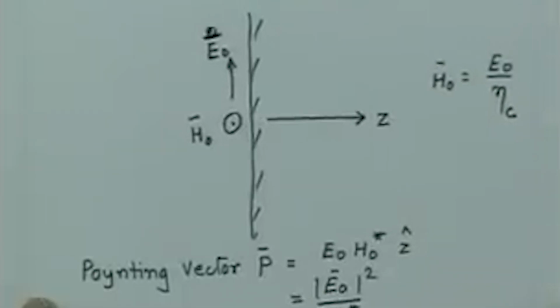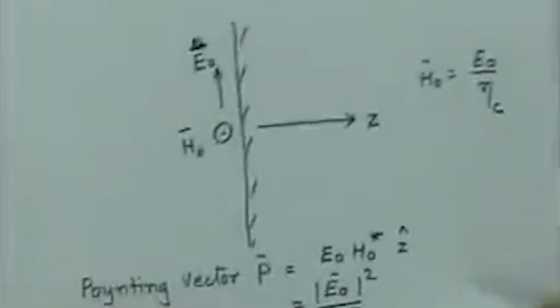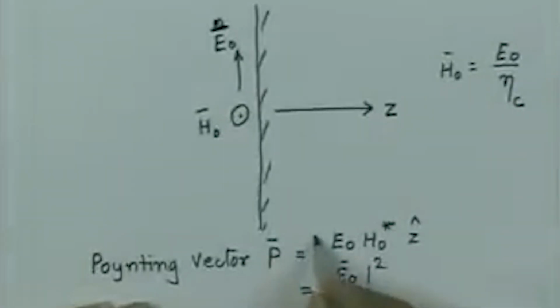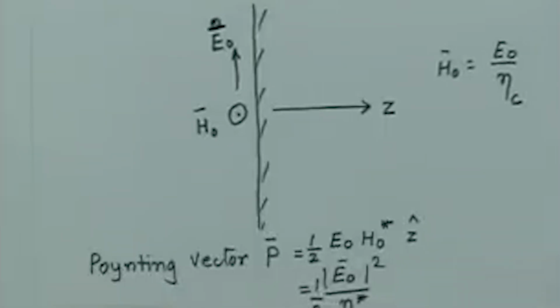If I substitute now for eta c and rationalize it, I essentially get the power flow P, or we use here the RMS value. So, we have an average power which is half E cross H. So, let us put factor of 2 here.